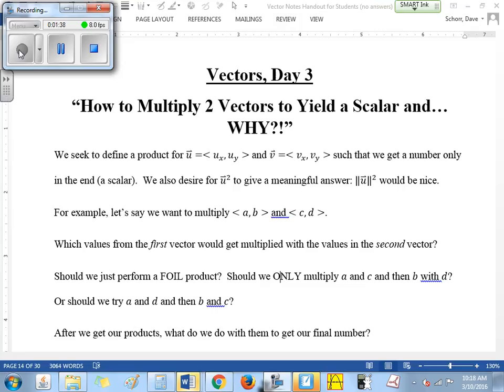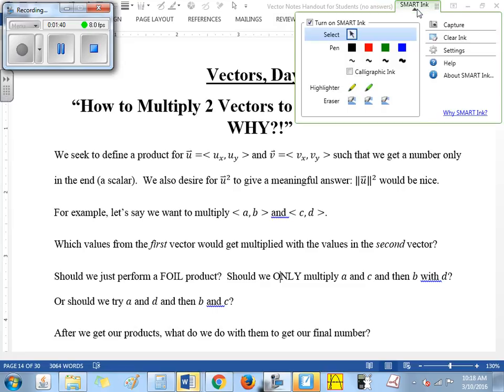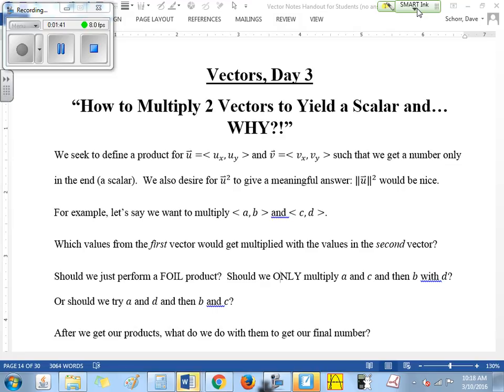Okay, for the sake of this lesson, I chose my vectors to be letters, not numbers. So instead of u being 8, -9, and v being -3, 2, like we've been using, we're just going to go generic and just call it ux, uy, and vx, vy. But those are just numbers, if you think about it. They're just 4 numbers.